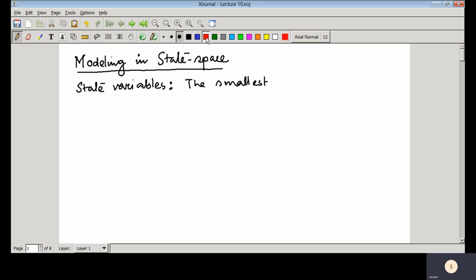So this is very important, that smallest, because we can take a number of variables, they may not be the smallest set, so then that set is not the state variable set. So the smallest set of variables that completely determines, that means we can find what its outputs are, what the other variables involved in that particular system are, and what the initial conditions are, etc. Everything we can have from the set of variables.